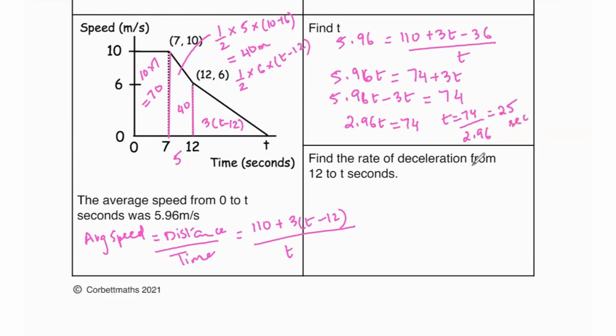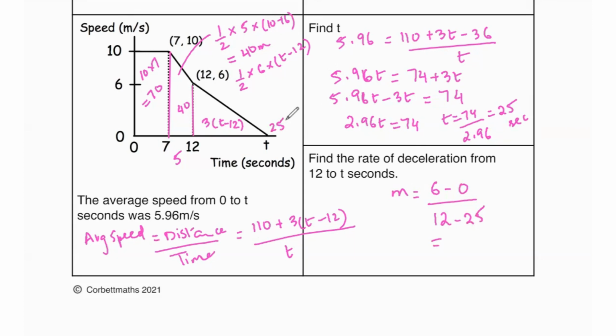Now just find the rate of deceleration from 12 to t seconds. So in a speed-time graph, deceleration or acceleration is the slope of the graph. So for this part, our slope is going to be 6 minus 0 over 12 minus 25, because the value is 25 over here for t.